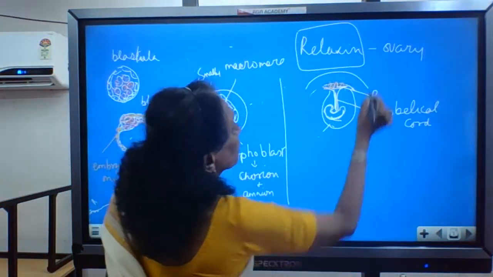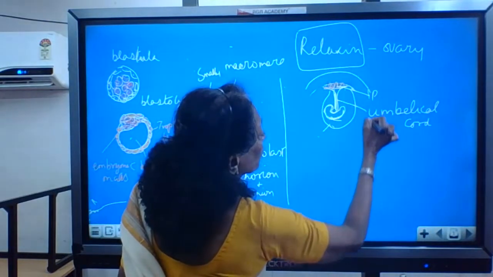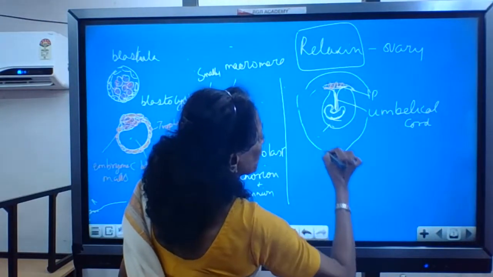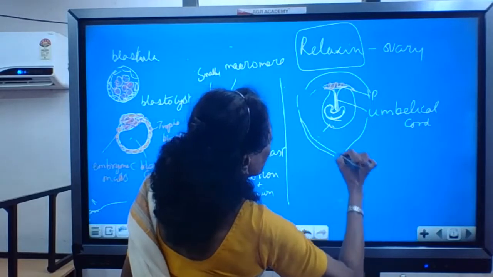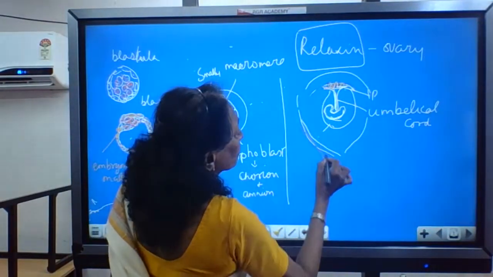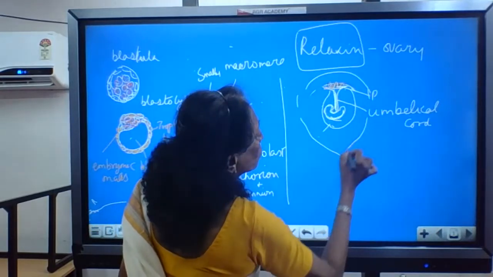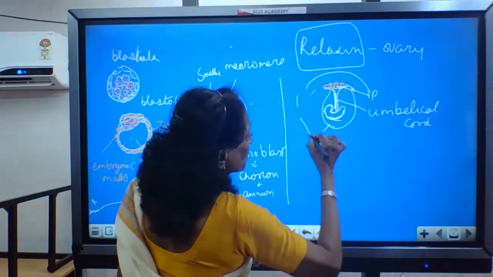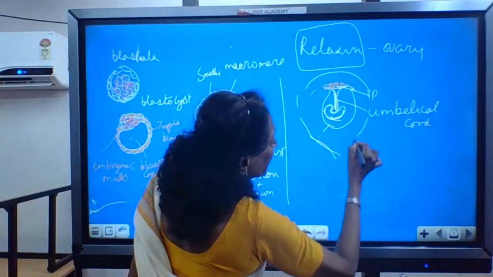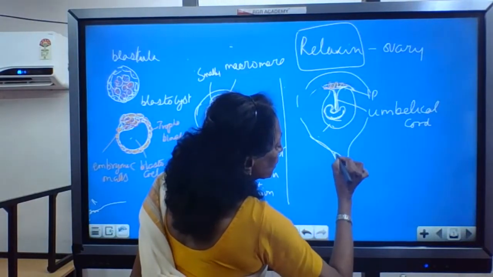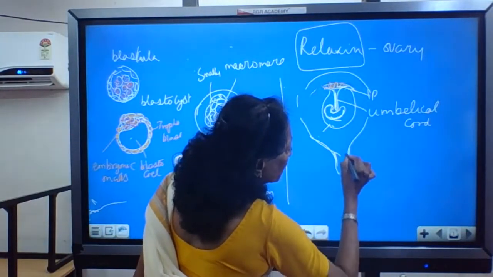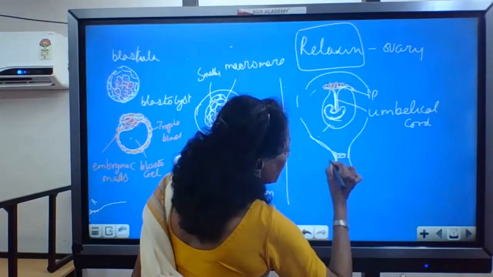Now suppose that is the uterus, you have come to the uterus end like this. Now what happens to this? It becomes a cervical canal, the neck of the uterus. You know very well, you have the cervical canal, internal os, external os, then vagina.